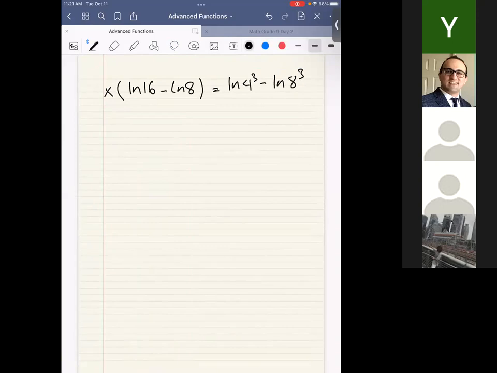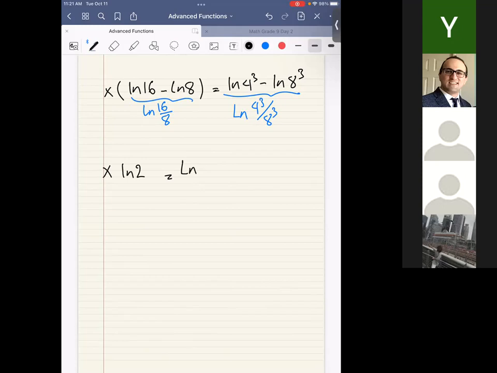By the way, ln of 16 minus ln of 8 is just ln of 16 over 8. And this is just ln of 4 to the power 3 over 8 to the power 3. So x times ln of 16 over 8, which is ln of 2, is equal to ln of 4 to the power 3 over 8 to the power 3.